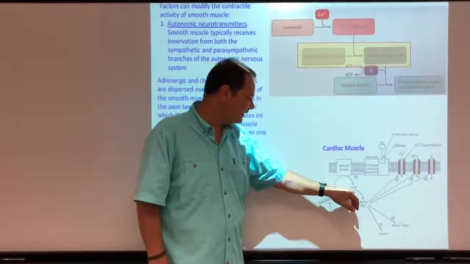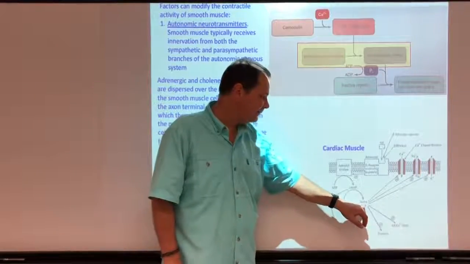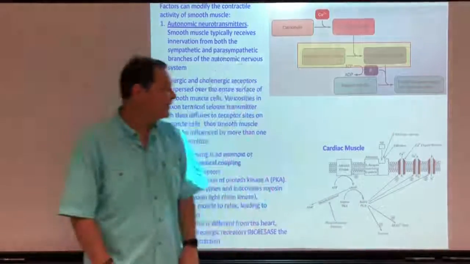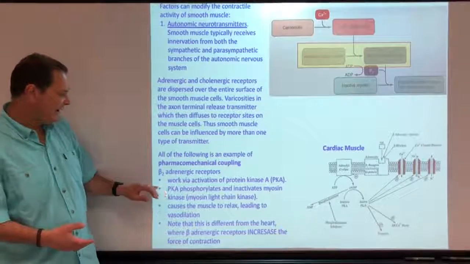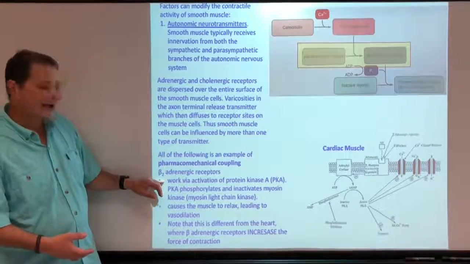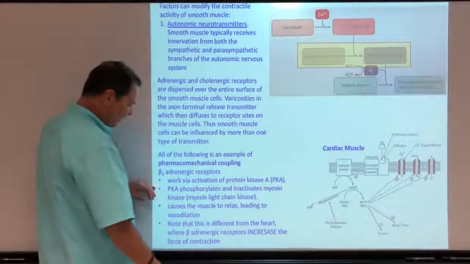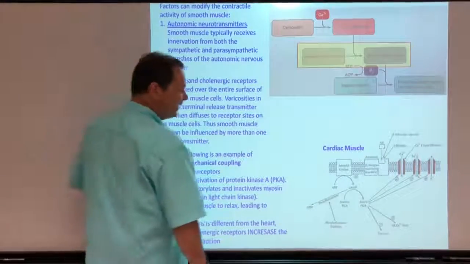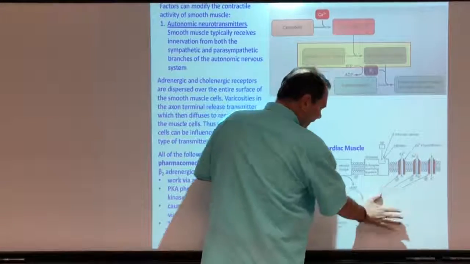Increased adenylyl cyclase generates more cyclic AMP. Cyclic AMP activates PKA, okay? That happens in smooth muscle as well, where PKA is activated, okay? But the difference is, and what you should recognize, is that you've got different targets. This is the cardiac muscle cell.